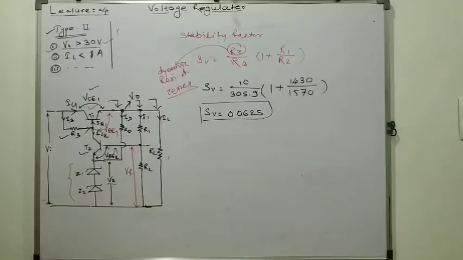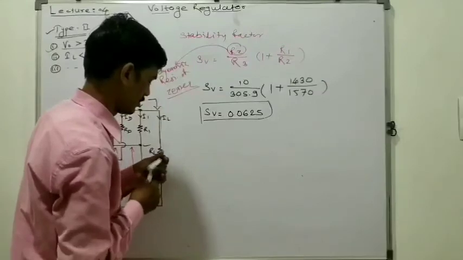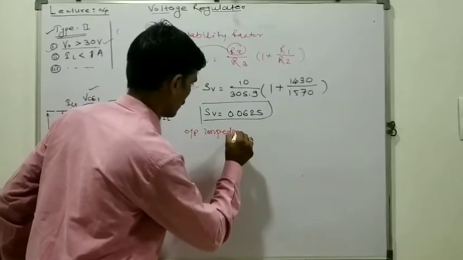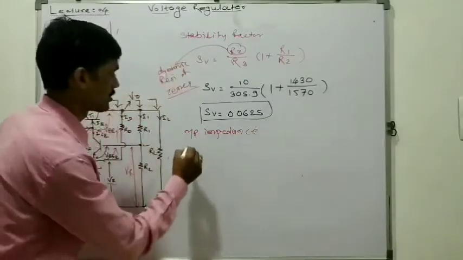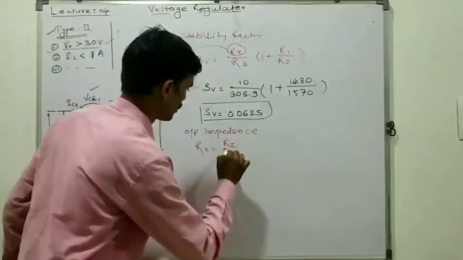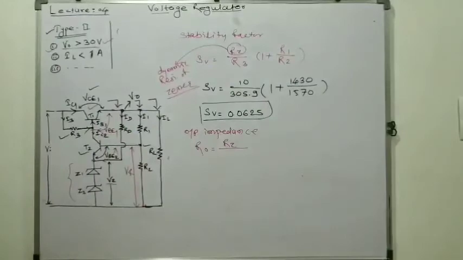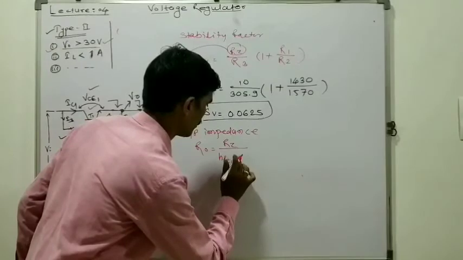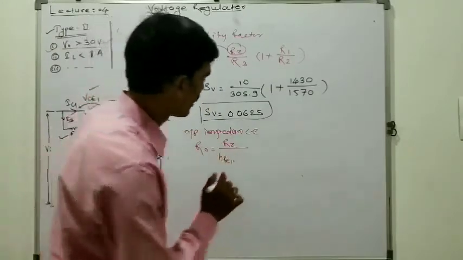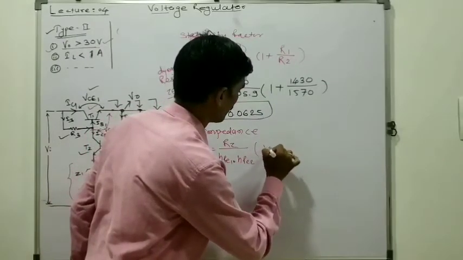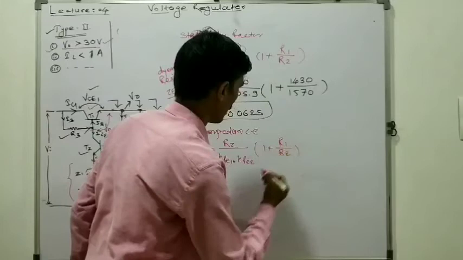Next is output impedance. Output impedance, that is RO, is equal to RZ divided by HFE1 multiplied by HFE2, multiplied with 1 plus R1 by R2.